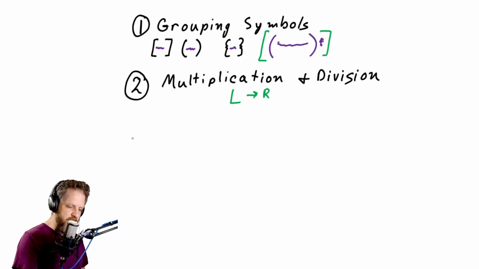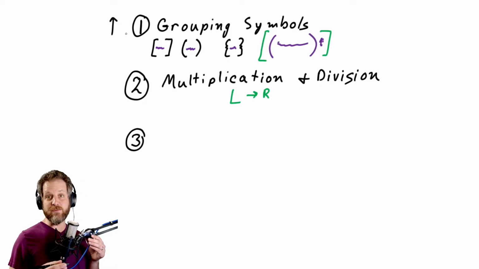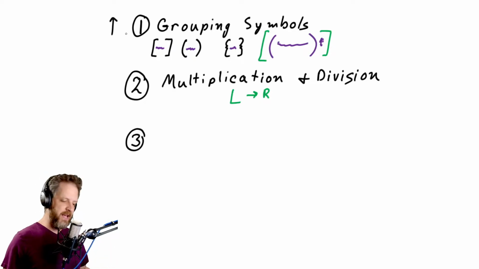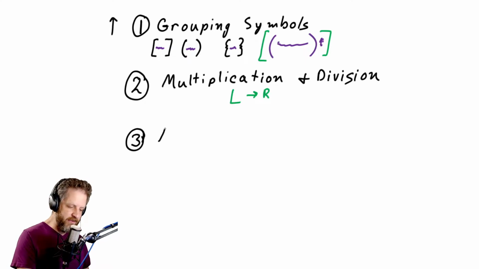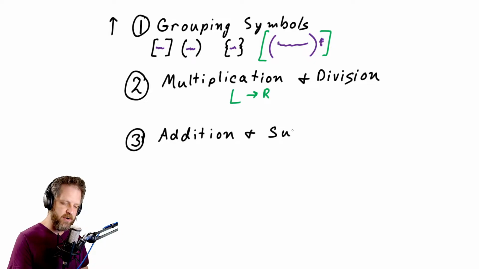So our number 3 step, our last one we're going to be talking about, like I said, there's more steps to be continued in Algebra 1 and other places, but for our purposes in pre-algebra, these are the 3 we're looking at. The third and final step is any addition and subtraction in the problem.